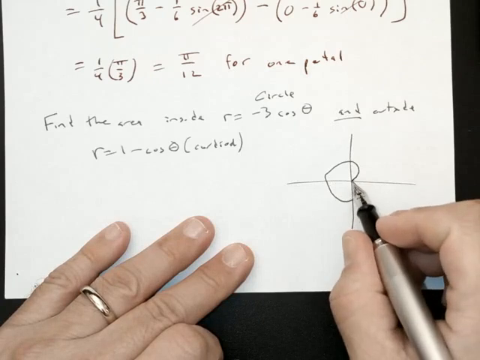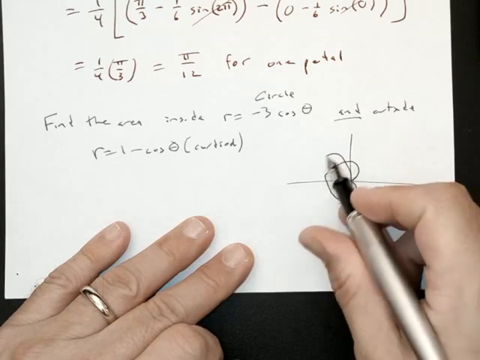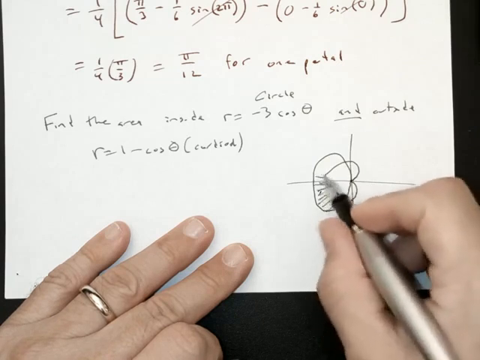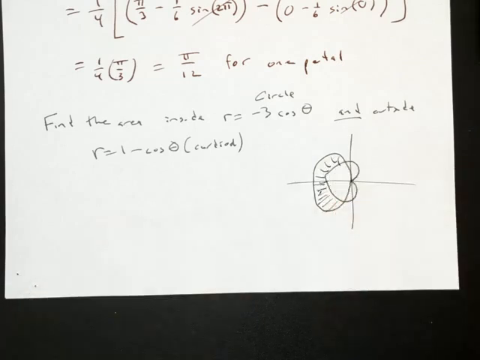Cardioid, circle. I'm looking for this area. Inside the circle, outside the cardioid. I did say it was a crappy picture, and boy, does that one suck. But it gets the idea across, which is really what I need.